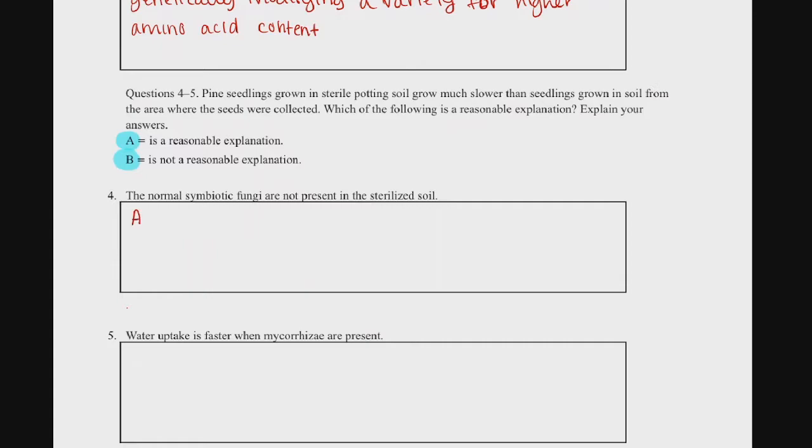I would say that A, this is a reasonable explanation for the slow growth because plants that have a symbiotic relationship with fungi are better able to uptake the essential nutrients and grow faster.